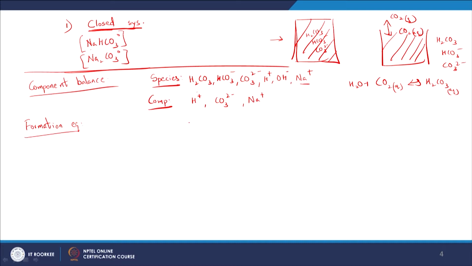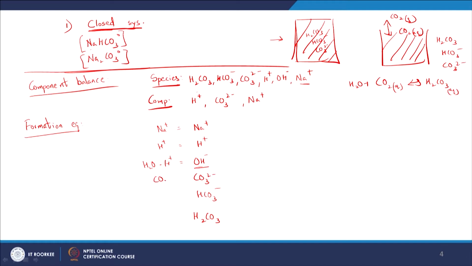So, I am going to first list all the species here. I will go with the easier ones first: Na plus, H plus, OH minus, CO3 2 minus, HCO3 minus and H2CO3, right. So, let us see how I can form them. I need one component of Na plus to be able to form Na plus. I need one component of H plus to be able to form H plus. I need a minus one component of H plus to be able to form OH minus.